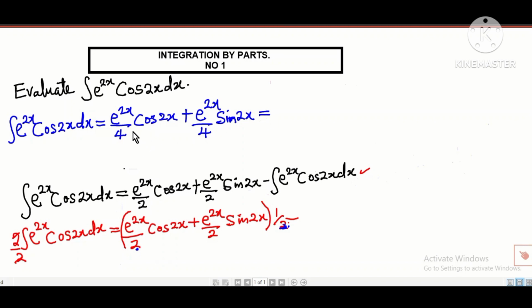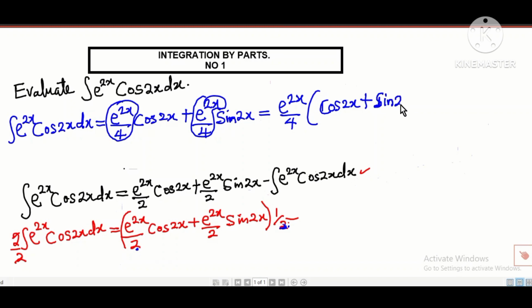And everything is going to be factoring this out. This and this are common, so I'm going to factor it. So it's going to be e to the power 2x over 4 bracket open, we have cos 2x plus sine 2x, then plus the constant.